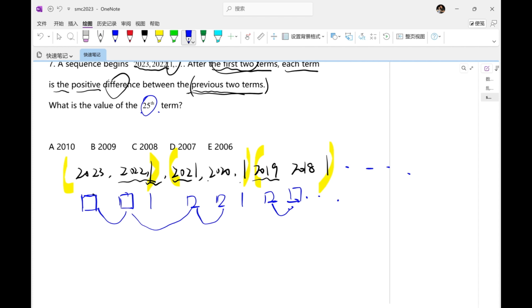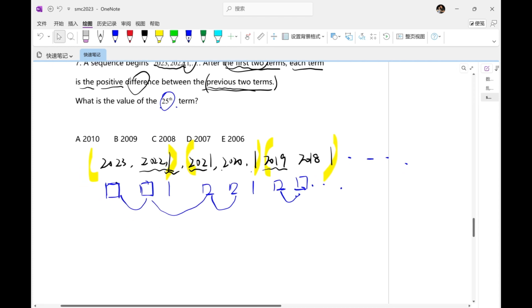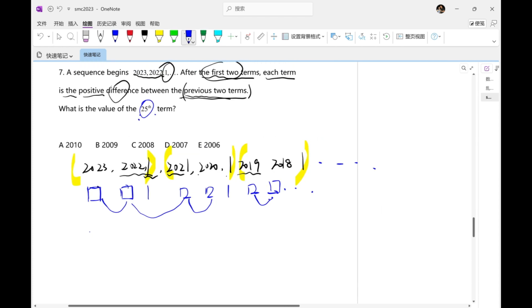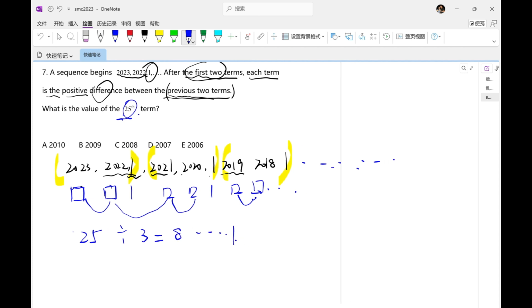It starts with 2023, and it is decreased by 1, so the difference is -1. And it asks us for the 25th term. So first, we divide 25 by 3, and the quotient is 8 and the remainder is 1.